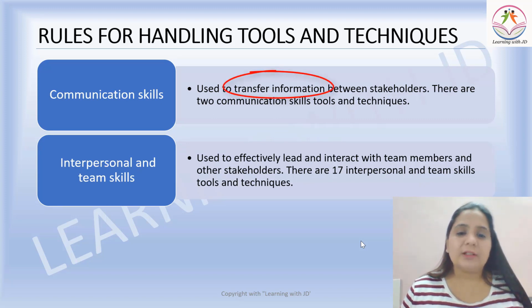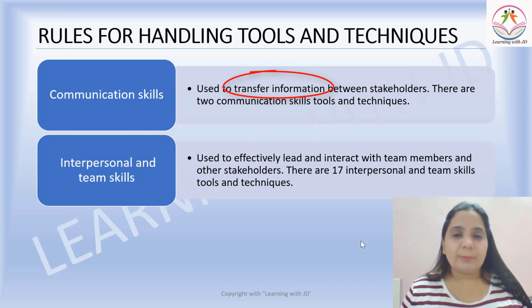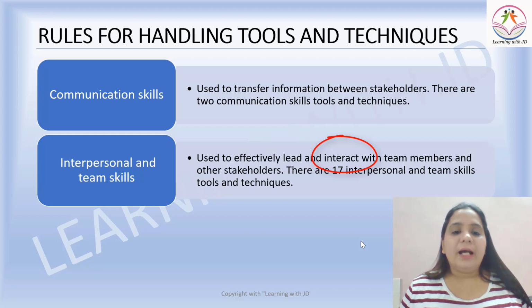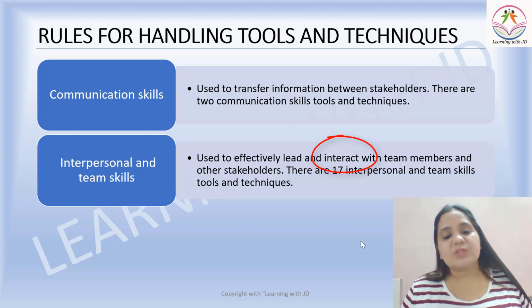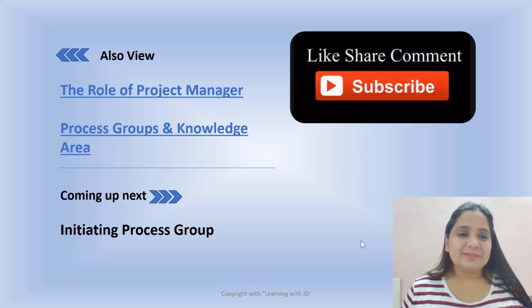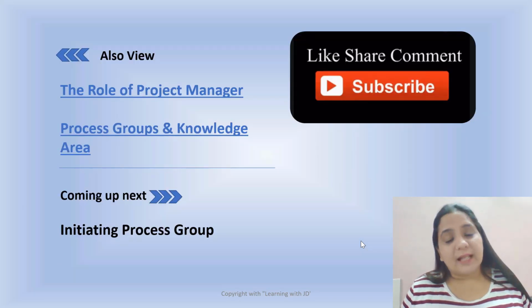There are again 2 methods of communication skills: the push and the pull method of communication. Interpersonal and team skills are used to effectively lead and interact with team members and other stakeholders. There are 17 interpersonal and team skills tools and techniques.